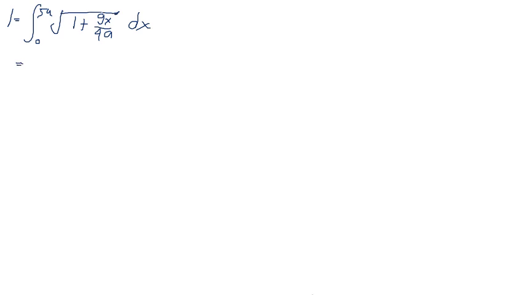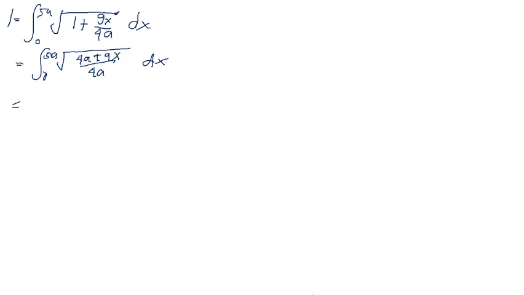So this is equal now to the integration of the square root of, maybe let's get the LCD, which is 4a. This is equal to 4a plus 9x dx from 0 to 5a. So we will have to factor out square root of 4a in our integral element.